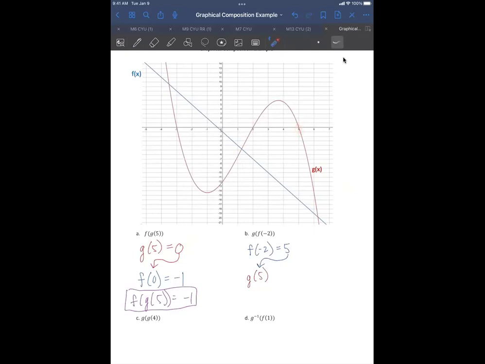And once you identify 5 on the x-axis, you're looking for the red function. And just like before, you'll notice it's right there. It's at the x-axis. So the final answer here is 0. And so if you wanted to fully notationalize, so to speak, what you just found, g of f of -2 is 0. Final answer.